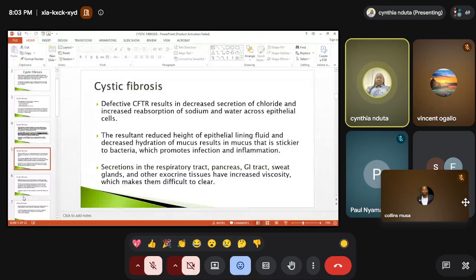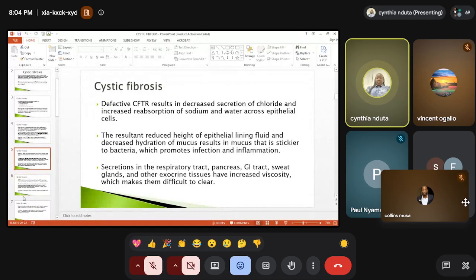Because the water is not moving to the epithelial linings, the surfaces become dry and prone to infections. If you have mucus, it's difficult to clear, so there's no movement, and the chances of infections are increased drastically.